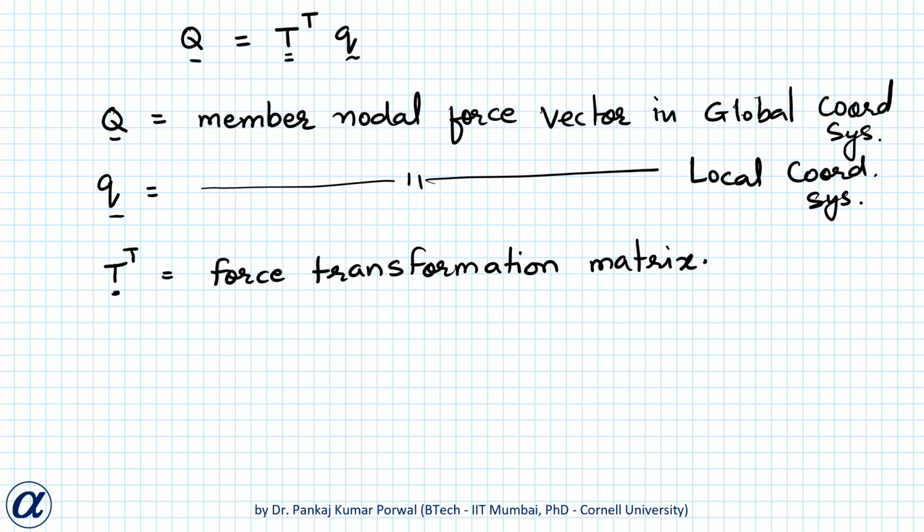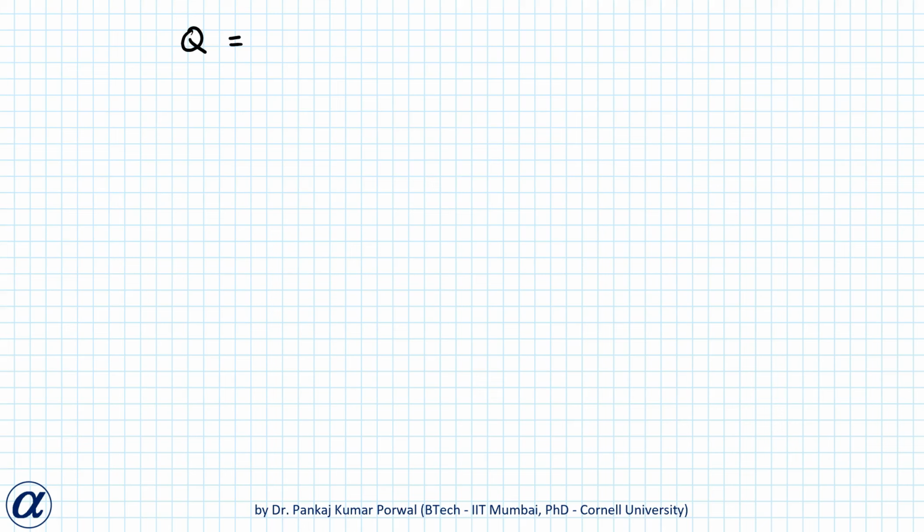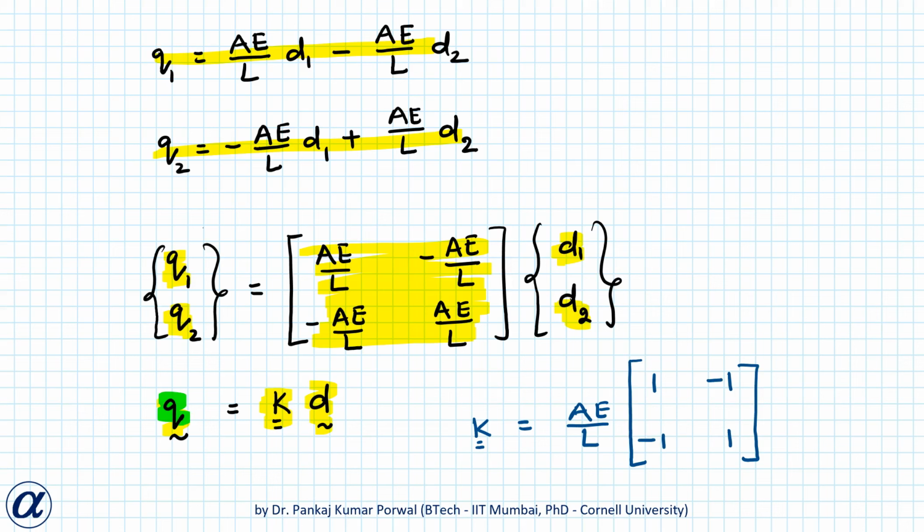So now we can combine the transformation equations with force displacement equation for a member in local coordinate system to get force displacement equation in global coordinate system. So we start with this equation where we have capital Q equals T transpose small q, and we know that small q is equal to K into small d.